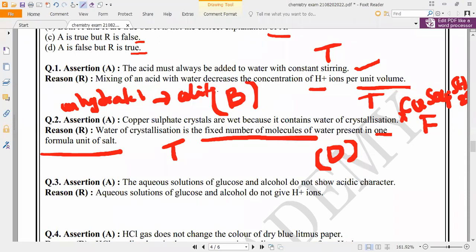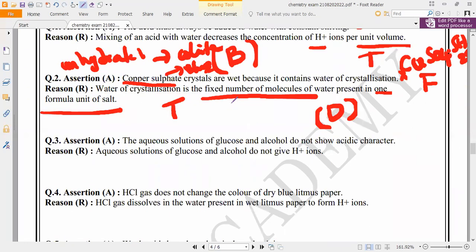If it is hydrated, the color is blue. You should remember this. So based upon the color, we should understand whether it is hydrated or unhydrated, not based upon wet or dry. Is it okay, guys? Everybody answer.